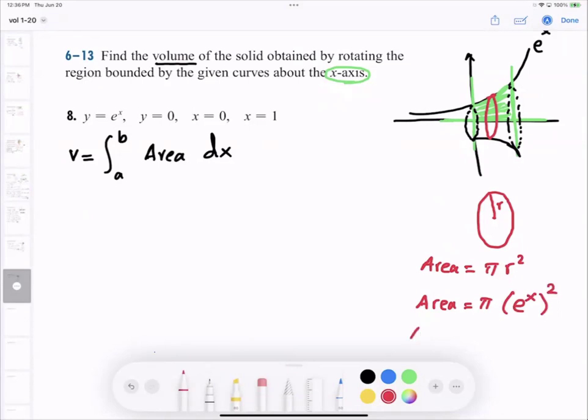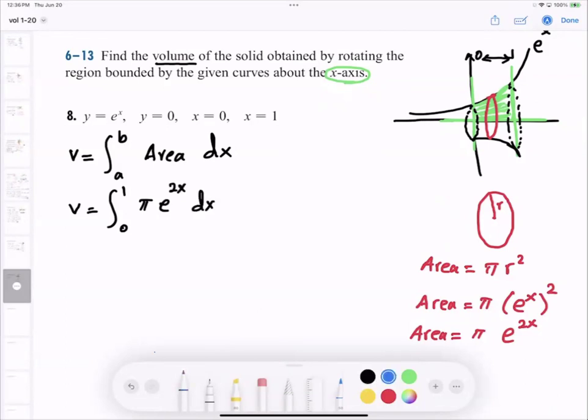At the same time, the area can be written as pi e to the x times e to the x, which is pi e to the power 2x. So just substitute it back into the integral and find the definite integral. So this guy is x equals 1. So we are ranging x between 0 to 1 of pi e to the 2x dx.